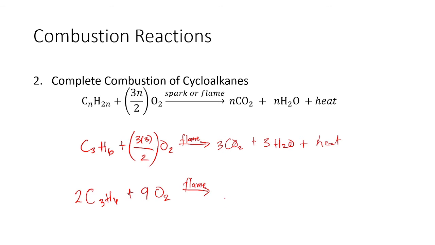And times 2, we have 6 moles of carbon dioxide plus, again, 6 moles of water, and also not quantifying the heat. So that is an example of a complete combustion of a cycloalkane, and for our example, we used cyclopropane.